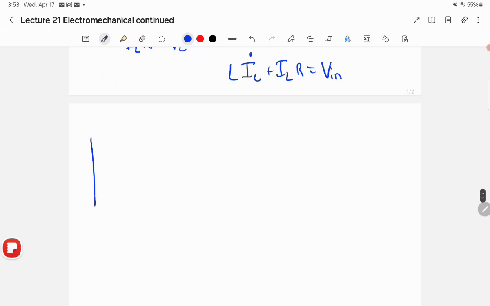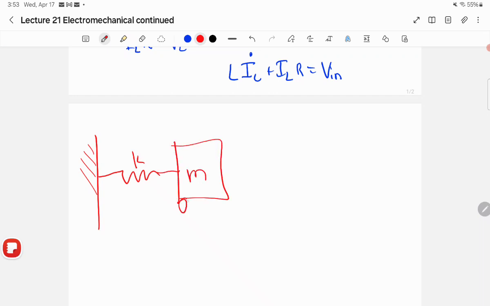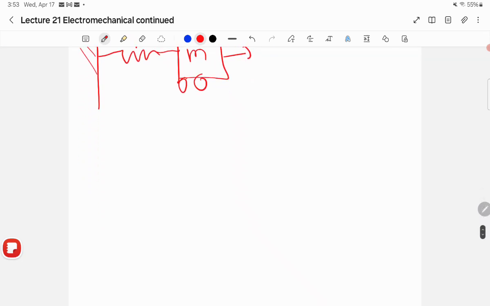The cart is also going to be simple. I'm actually going to switch here to a different color. By now, you should recognize that this is just going to be m x double dot plus kx is equal to FEM.